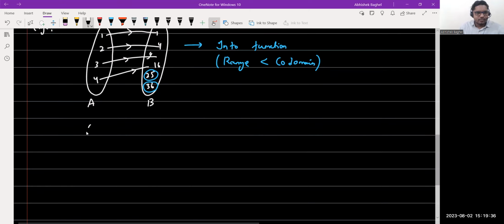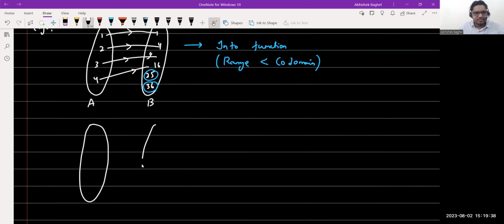Here we have the next function in which all the elements of side B get related. Side A: 1, 2, 3, 4. Side B: 1, 4, 9, and 16.